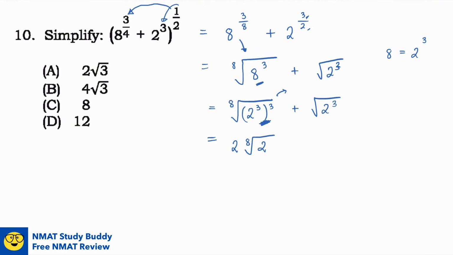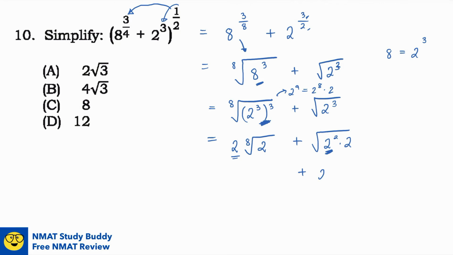Kasi itong part na to is 2 raised to 9. So, equal rin yung 2 raised to 9 sa 2 raised to 8 times 2. Kasi 8 plus 1 is equal to 9. So, ito, pwede na natin ilabas dito yung 2. Plus, 2 raised to 3 can also be written as 2 raised to 2 times 2. And then, since itong part na to is 2 squared, pwede na natin siyang ilabas.